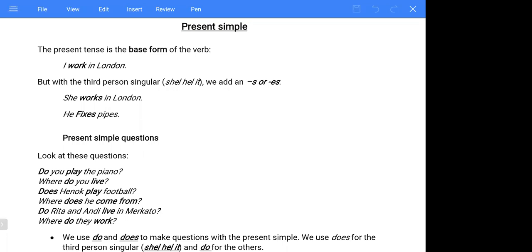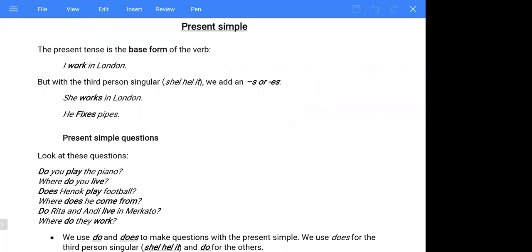But the third one, which is verb 3 or past participle form, cannot stand by itself. It needs a helping verb. You don't say, I eaten my lunch. You have to say, I have eaten my lunch. There needs to be a helping verb before the past participle. Okay, this is an introduction to our topic.